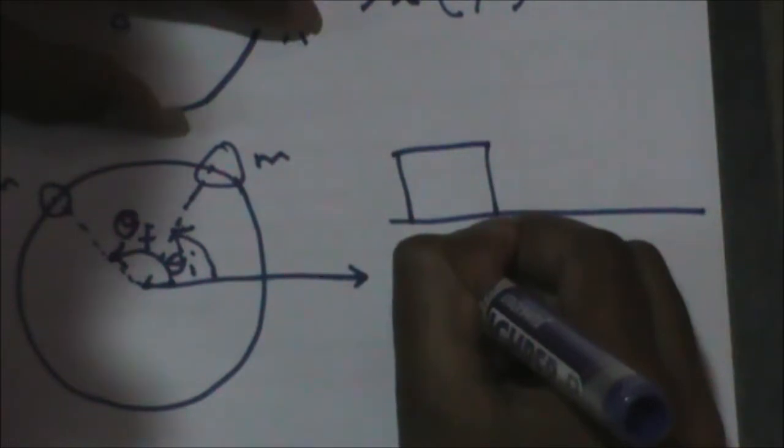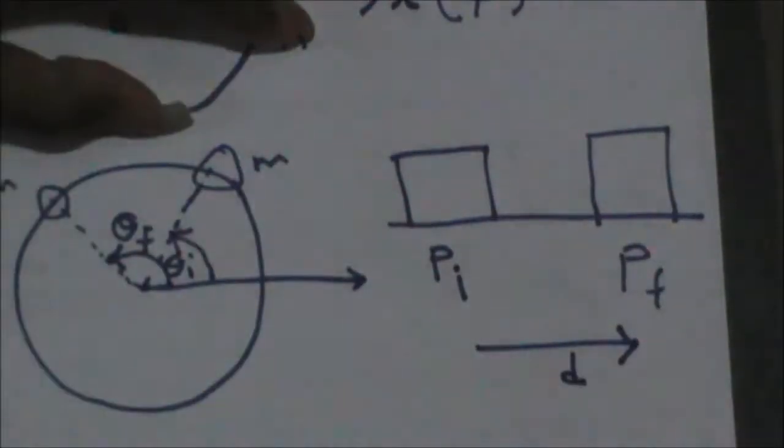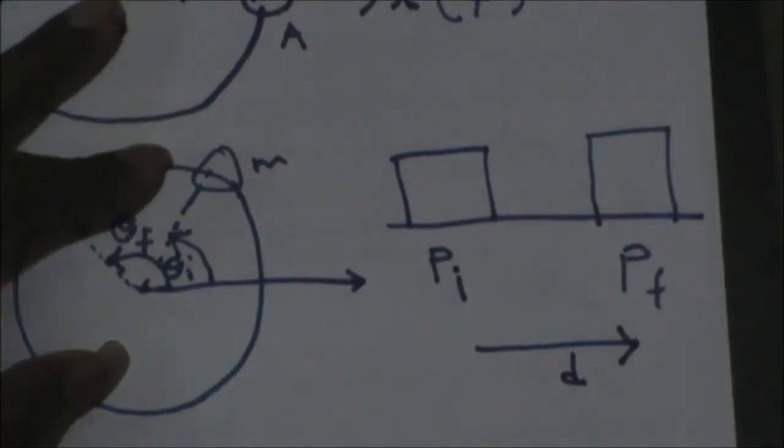So what's the angular displacement? If this is the initial position, Pi, and this is the final position, Pf, the displacement is the shortest distance between the two points.